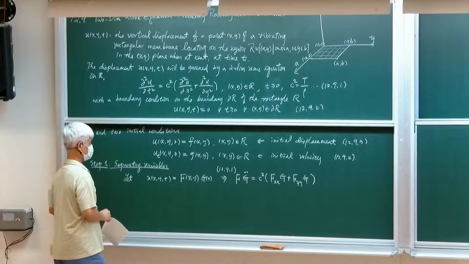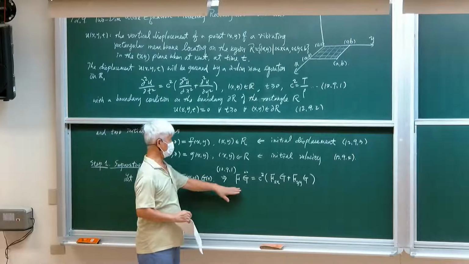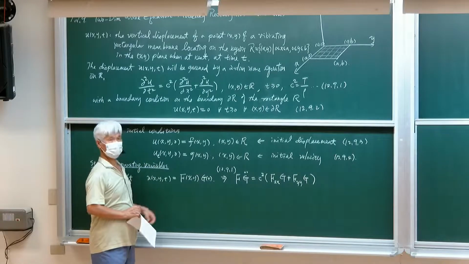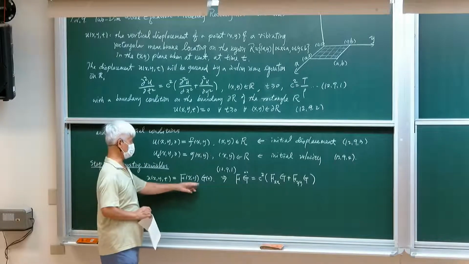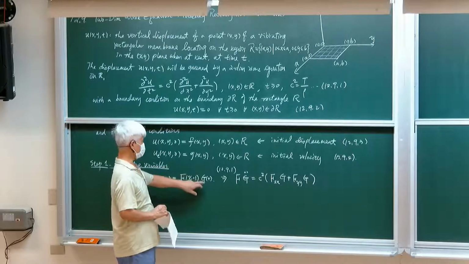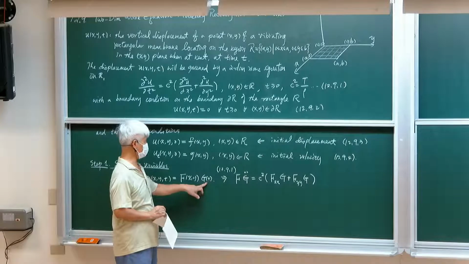So the left-hand side is just the second order partial derivative with respect to t. Because f is a function of x, y, we take the second derivative of g here.